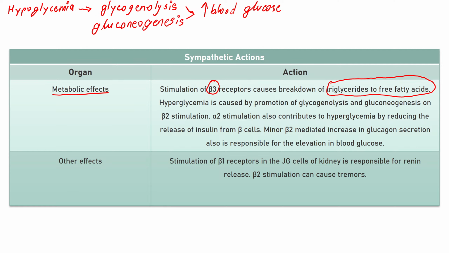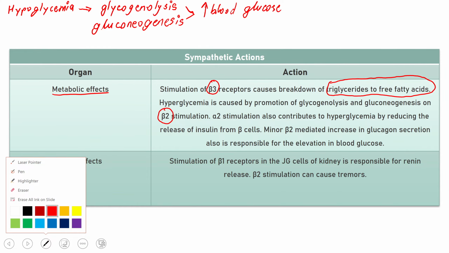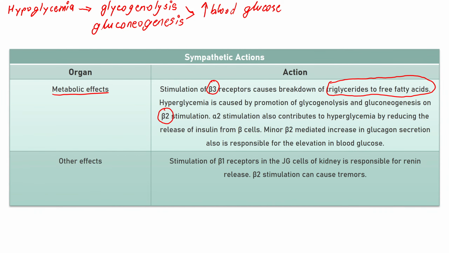To counter hypoglycemia, the beta 2 receptor present in the liver will cause all of these actions. It will cause glycogenolysis, it will cause gluconeogenesis, and also it will release glucagon.